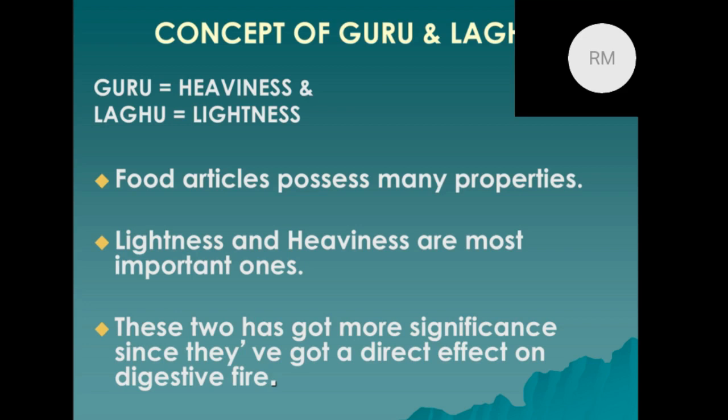Which means if you take a light food, then the glucose levels in the blood will rise very sharply, very quickly. If you take heavy foods, then the sugar levels in the blood will increase very slowly. So it's really crucial to understand, especially when diabetes is becoming a big menace, to understand food in terms of guru and lakhu.